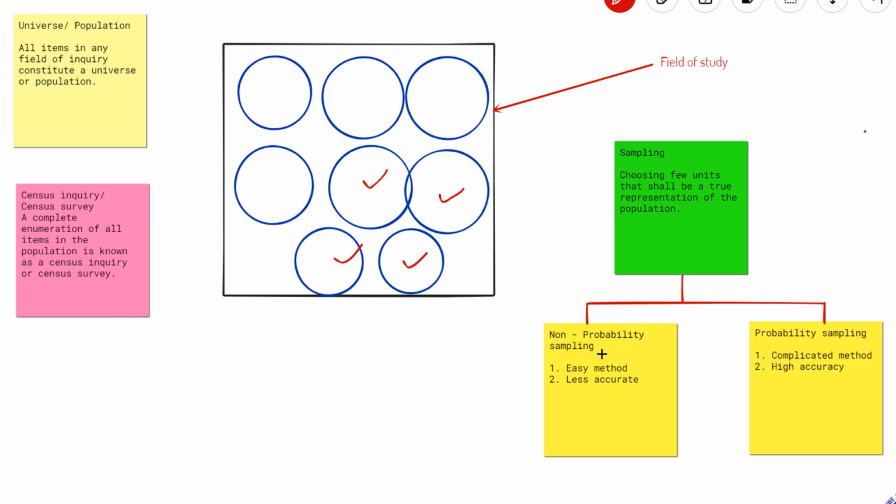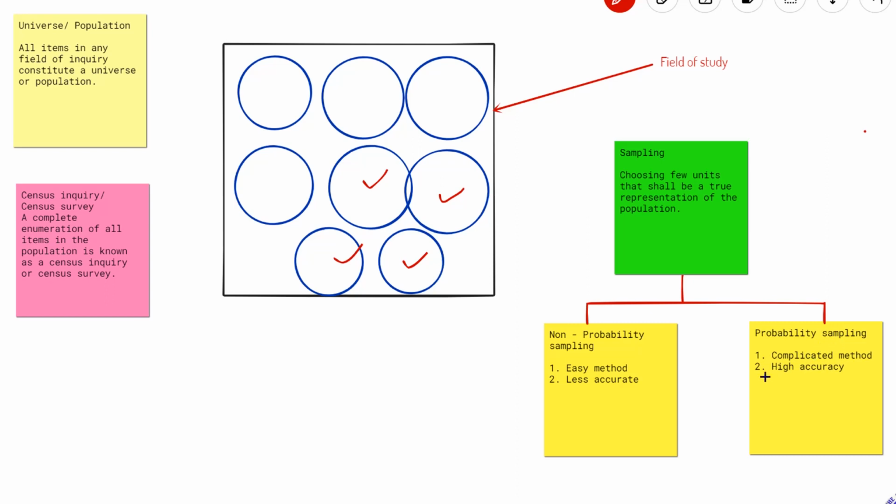One is non-probability sampling and the other one is probability sampling. Non-probability sampling is an easy method, but the accuracy of the data will be very less. With non-probability sampling, it is not possible to draw conclusions, whereas probability sampling uses advanced statistical techniques to evaluate the outcome.